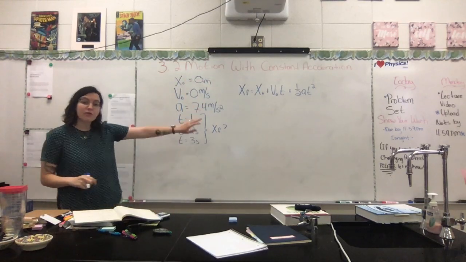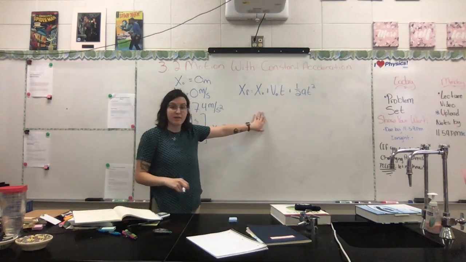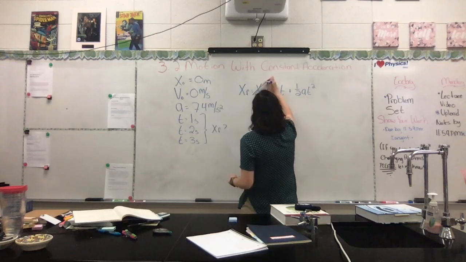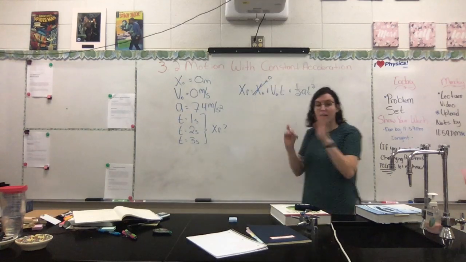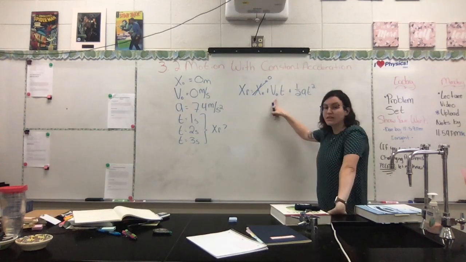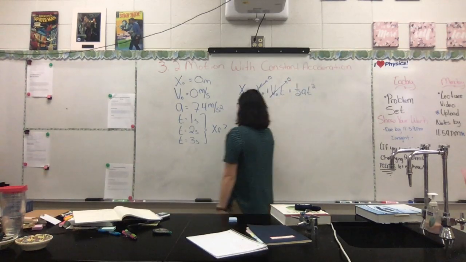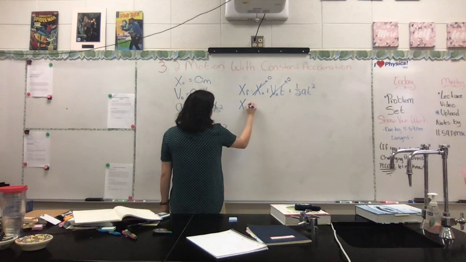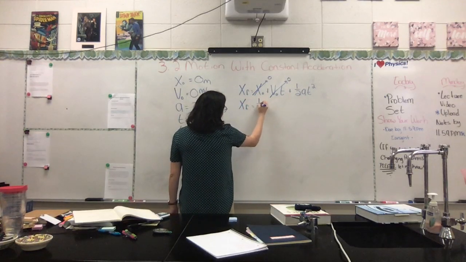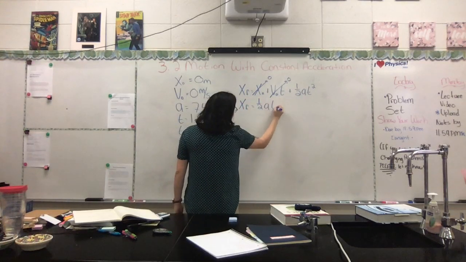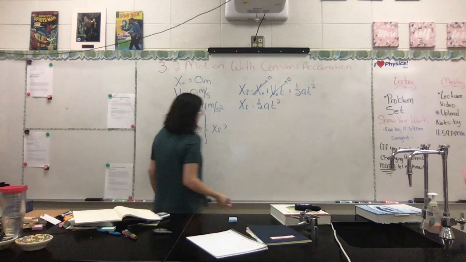So we can get rid of a few things in this equation and not have to worry about them anymore, okay? X naught is 0, so we don't have to worry about it. V naught is 0, so if you times it by t, that whole term goes to 0, which means that we're left over with our final position is equal to 1/2 our acceleration times our time squared.